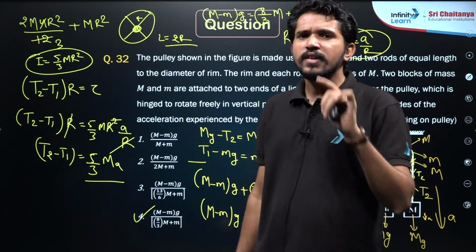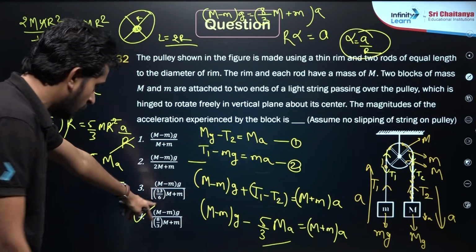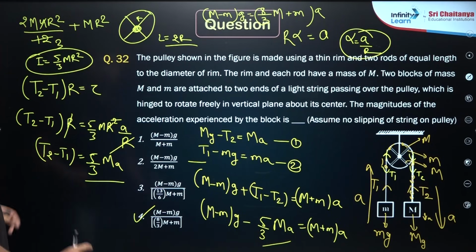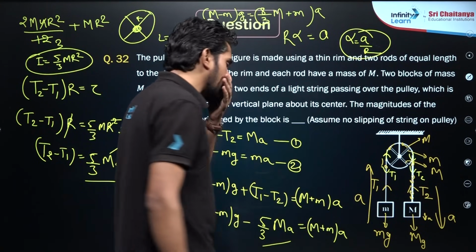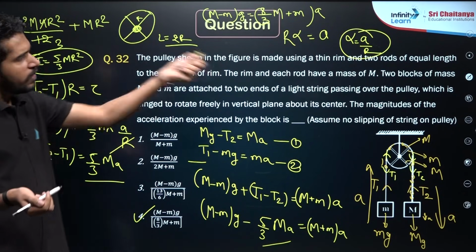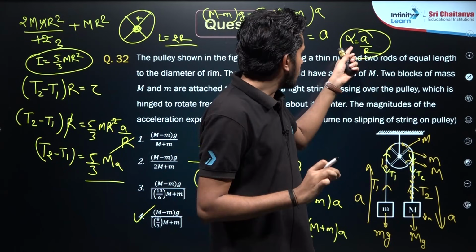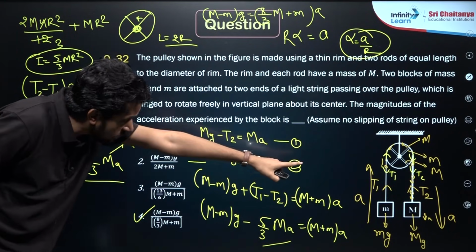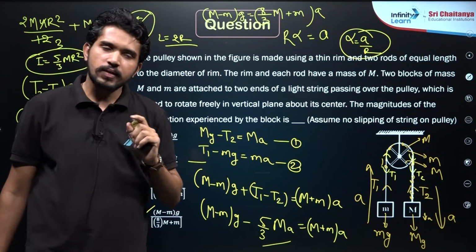Whatever I do, I need T1 minus T2 because all the terms are there in the answer, only the T1, T2 term is not there. So T2 minus T1 is providing the torque to the pulley, right? So then torque is I alpha. R alpha is the tangential acceleration, which is itself the acceleration of the blocks, right?